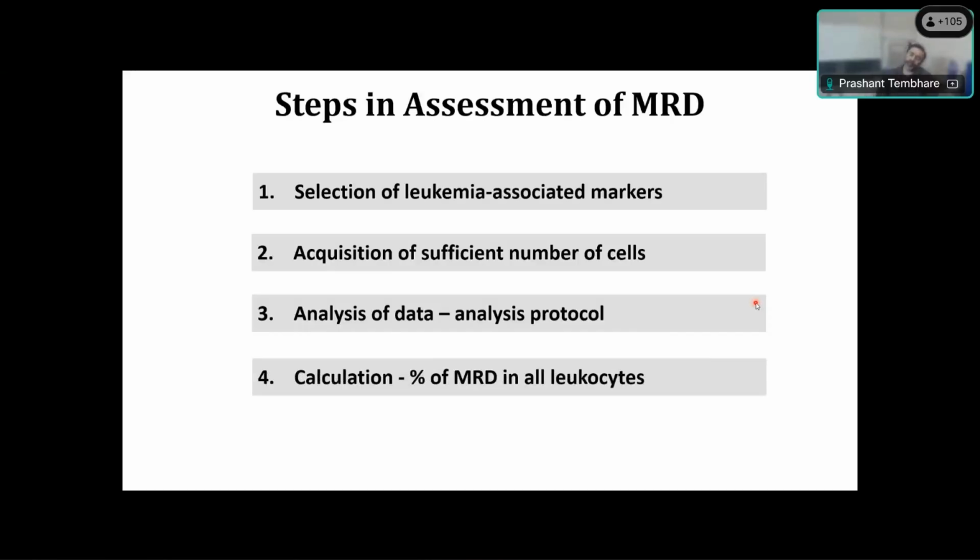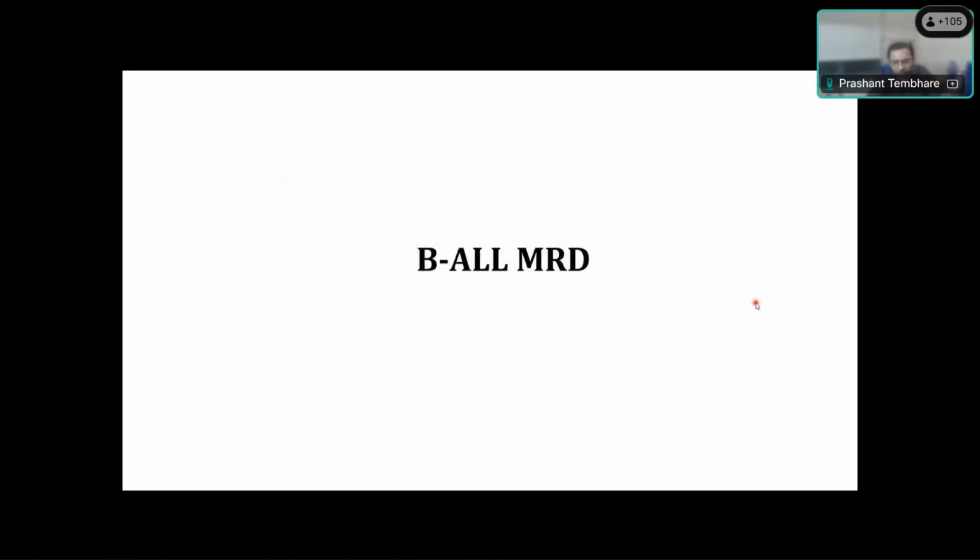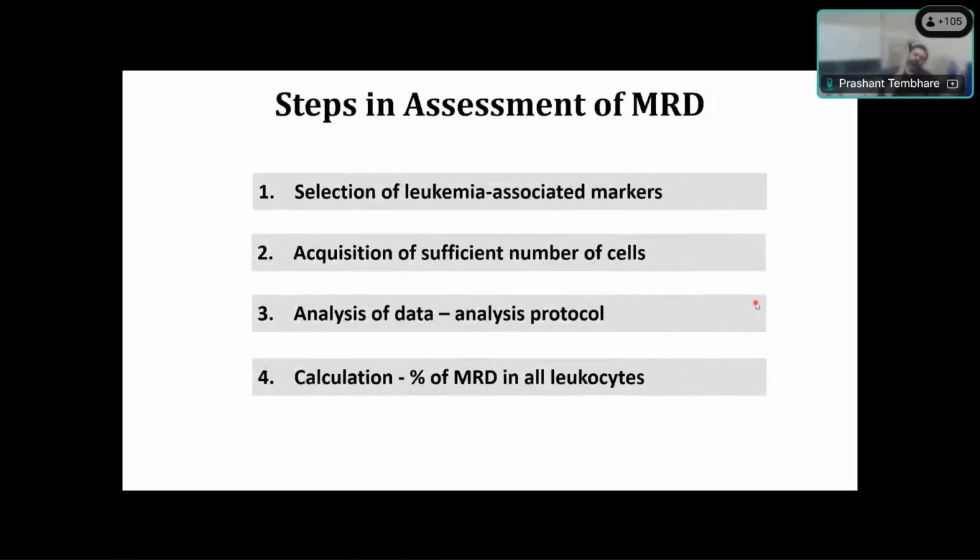You have to develop a calculation method for the percentage of MRD out of all viable cells or out of all leukocytes present in the sample, so that you quantify the disease. So these are the major 4 steps. Now we will go through these 4 steps as well as how we are going to analyze the data.